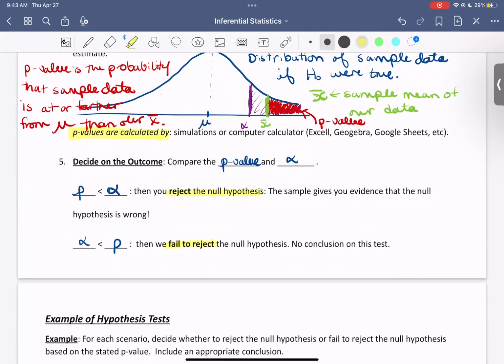So notice our two decisions are not reject the null hypothesis and accept the null hypothesis. We can only fail to reject. And why is that? Well, this test doesn't prove H0 is true. I'm going to write that note. Does not prove H0 is true.